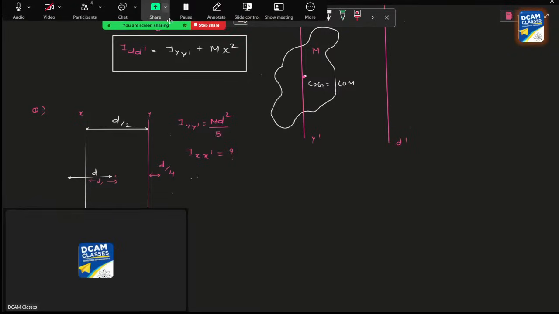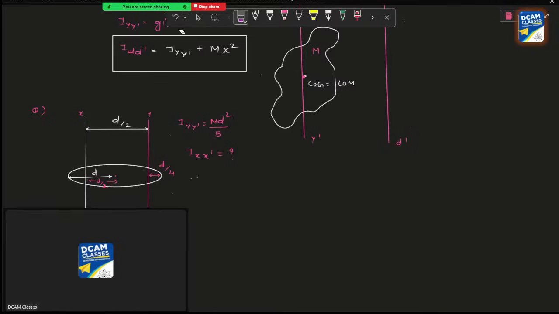It cannot be d by 2. It's d by 3, d by 3 from the center. Actually, it was not needed at all. You could have calculated it.